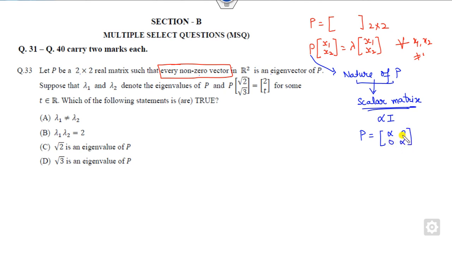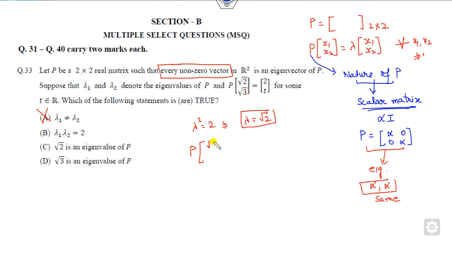Alpha is anyone. So once you know this is scalar, what are the eigenvalues of this? Eigenvalues are alpha and alpha. It means both are the same. So the first option is cancelled. Once both the eigenvalues are the same, one of the eigenvalues can be root 2. So we can think about when it will be the root 2 eigenvalue.